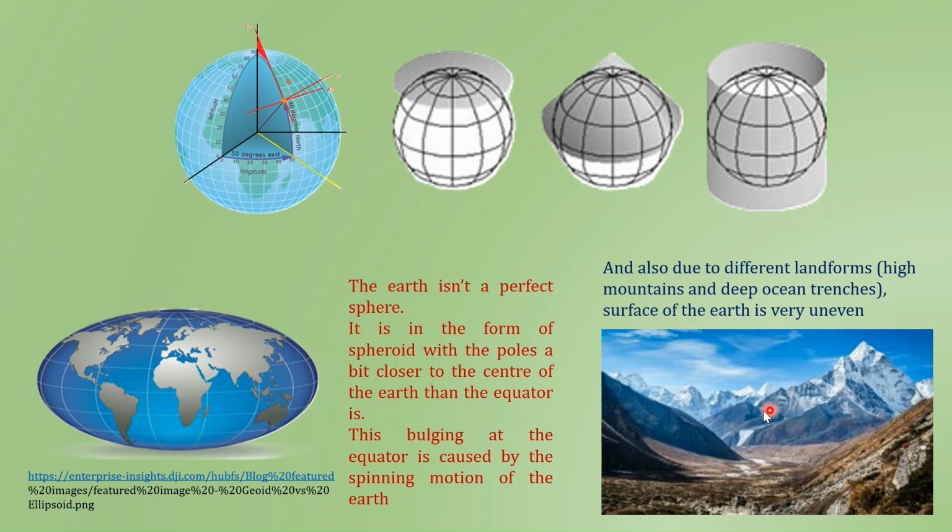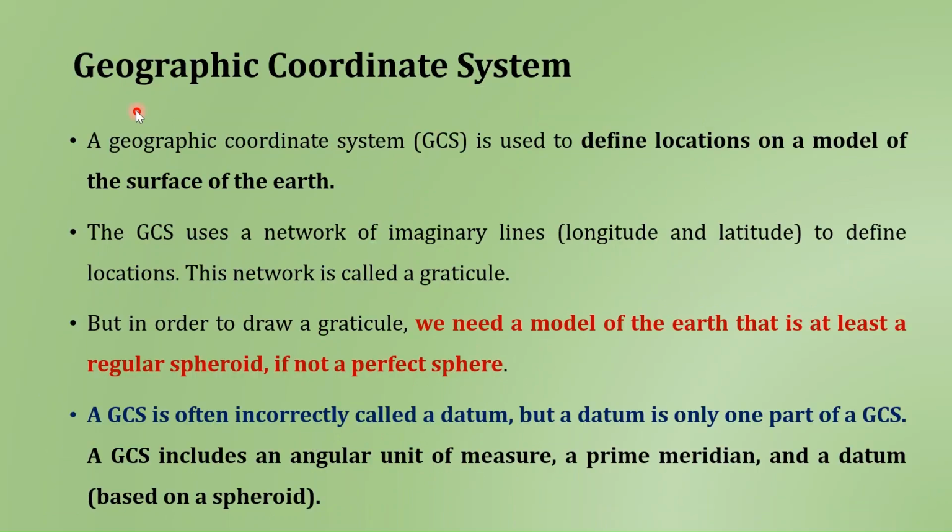So to address these two issues, we have the geographic coordinate system, which is used to define the locations on a model of the surface of the earth. In the geographic coordinate system, we mainly use the network of imaginary lines to define the location.